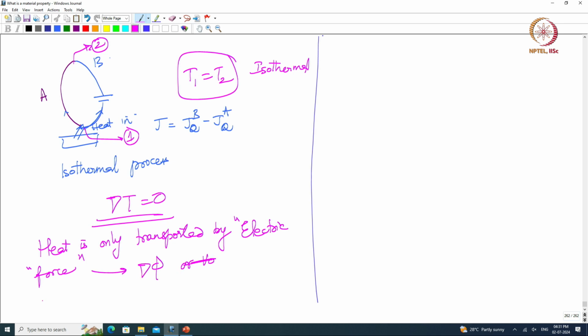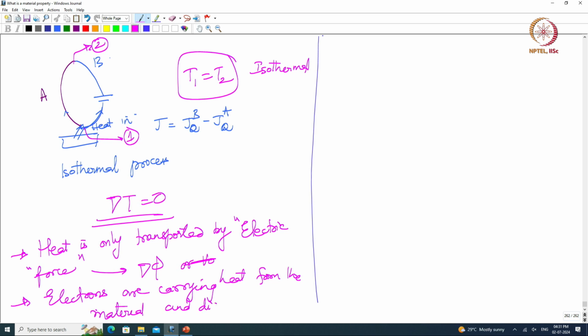In other words, electron transport: electrons are carrying heat from the cold end of the material and disposing it off in the heat bath. So I have some sort of a heat bath here. Okay. And that is refrigeration, but here I am very smartly using electrons to do refrigeration.